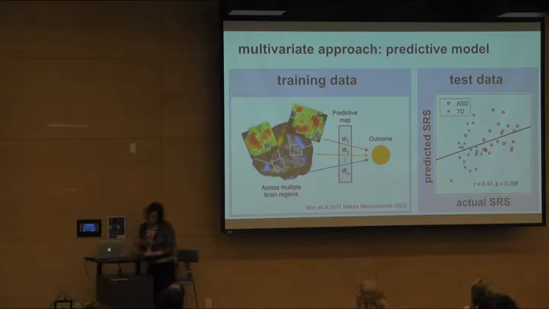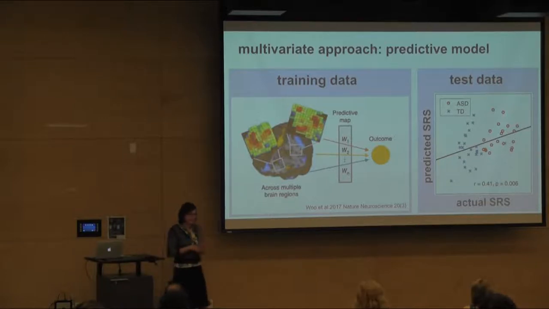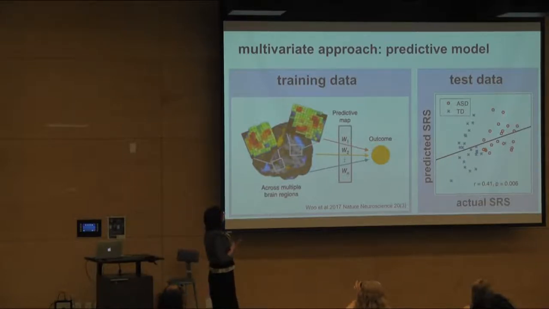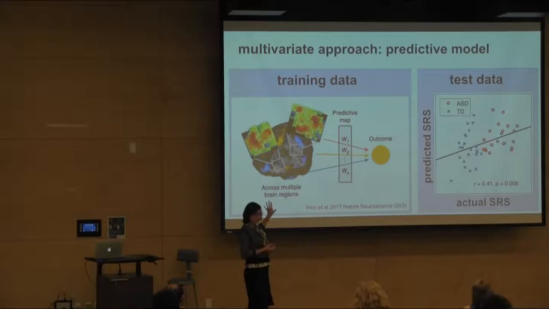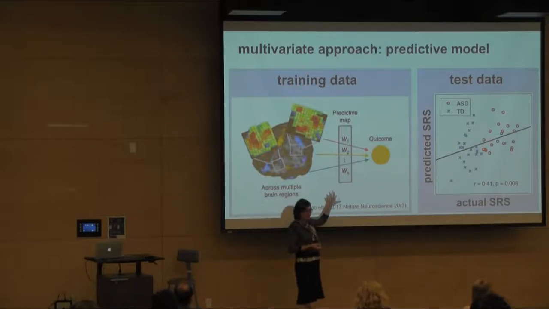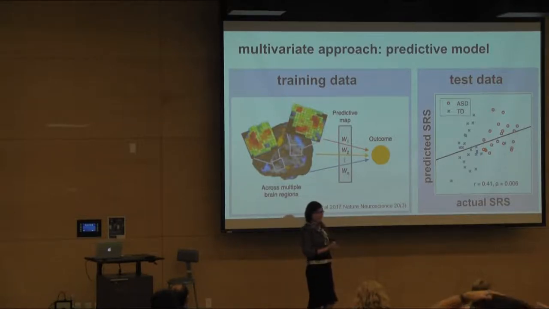And so for the first visualization, we're looking at a multivariate approach where we make a predictive model predicting the SRS from those connectivity maps. Then we'll get a predictive map of the weights for all the training data.